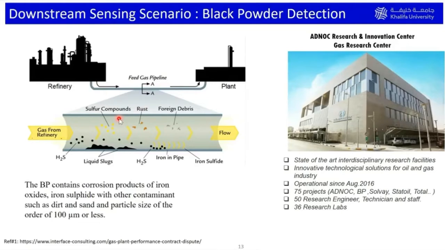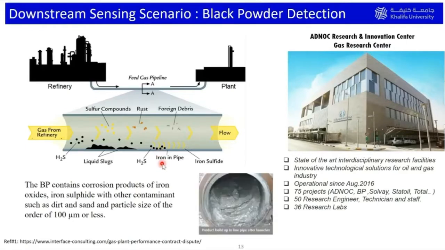And we need to understand that even if we have this pipe and the product is refined, we have a lot of impurities and dust that basically collects, which could be hydrogen sulfide or liquid sludge, and these collect themselves and make a composite kind of powder, which is called black powder in this industry.